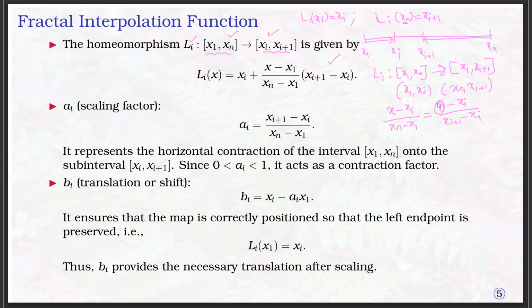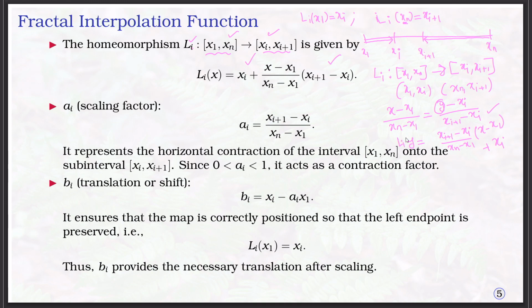So, from this you can find y. You can just cross multiply. So, one can get y equals (xi plus 1 minus xi) over (xn minus x1) times (x minus x1) plus xi. So, this is the equation we are getting here.